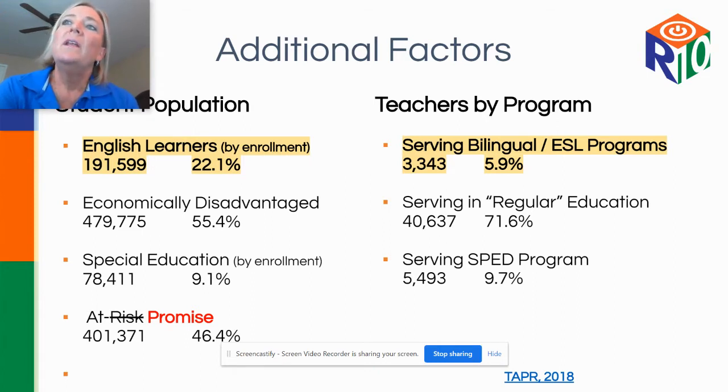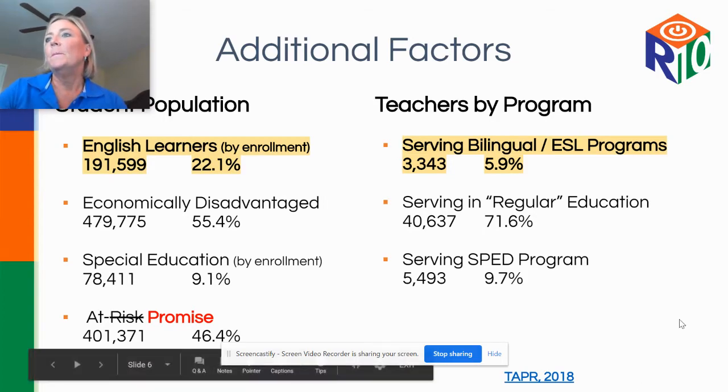But if you look at the number or the percentage of staff designated to serve our English learners or our special education students, they're quite disproportionate to the number of students that actually fall into those categories. So, as you already know, all educators have to educate all populations of our students in order to give them the best opportunity to be successful.